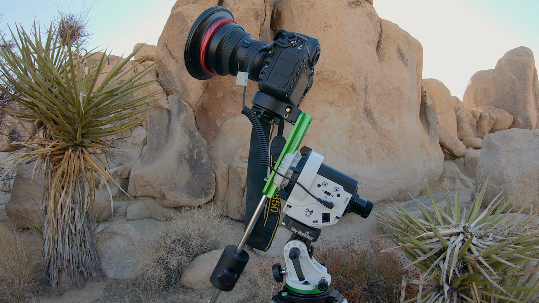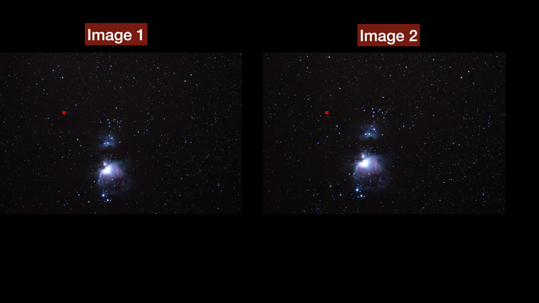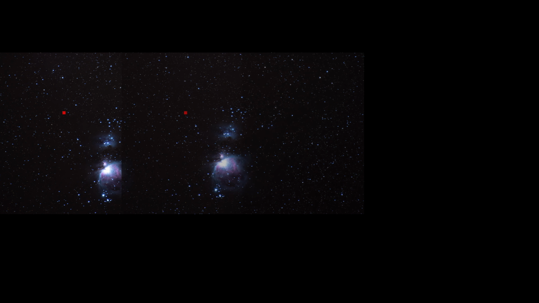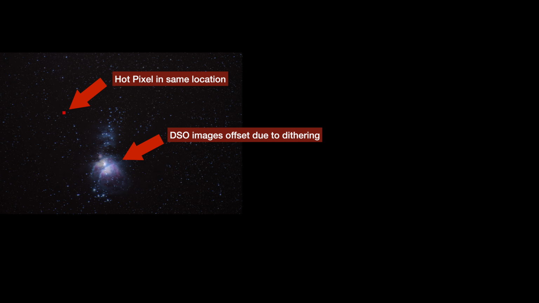Now, these artifacts and pixels appear in the exact same location on the frame, right? But because you're dithering, the image of the DSO will be shifted very slightly on the frame, but these pixels and the artifacts will be in the exact same location.